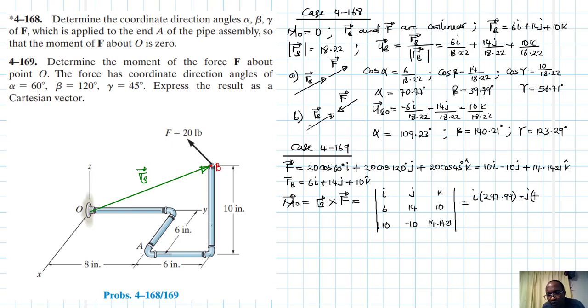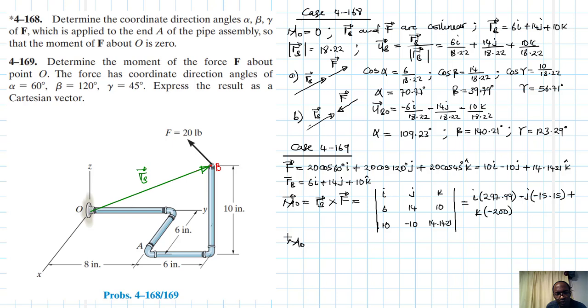This gives us minus 15.15. And then plus k, we have minus 10 by 6 minus 10 by 14. This gives us minus 200.